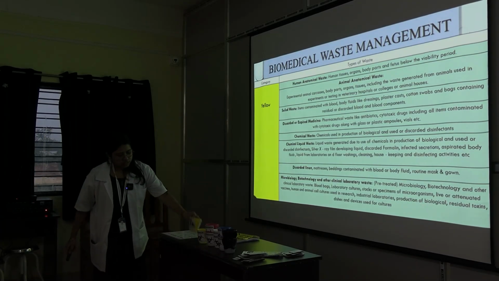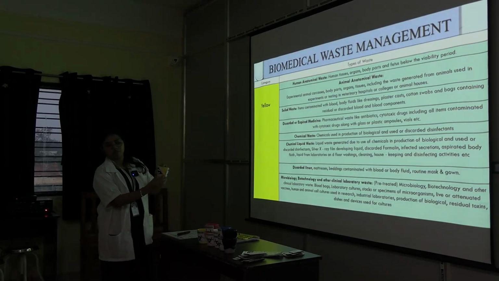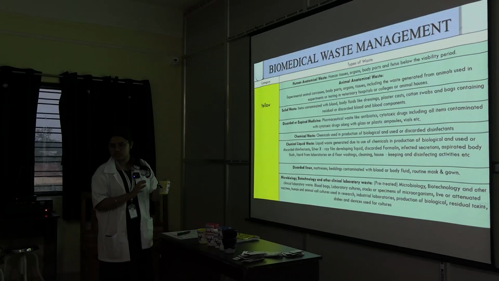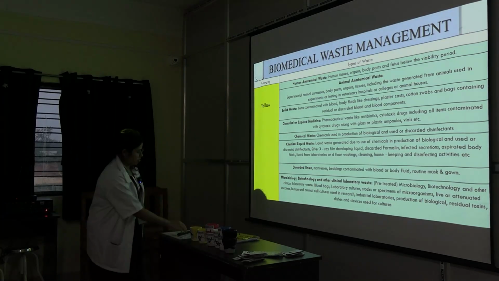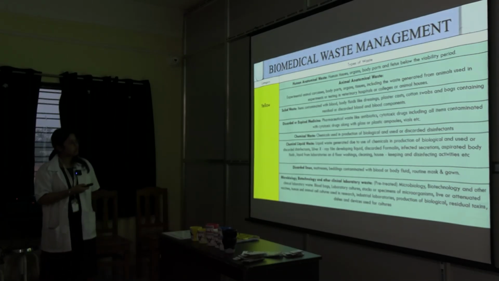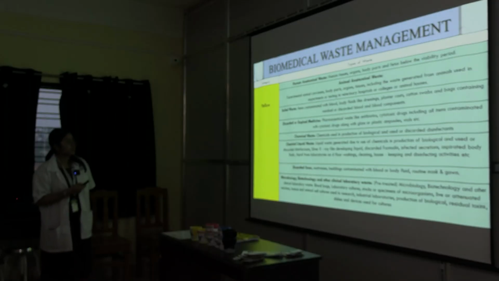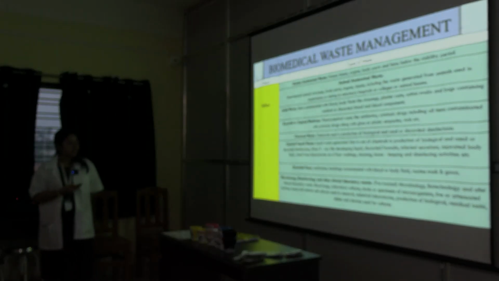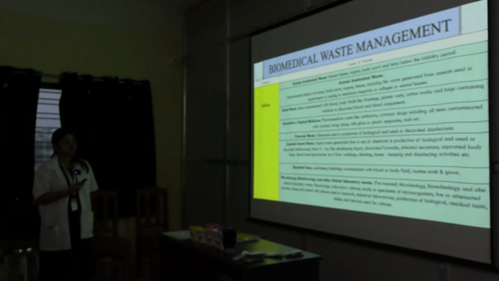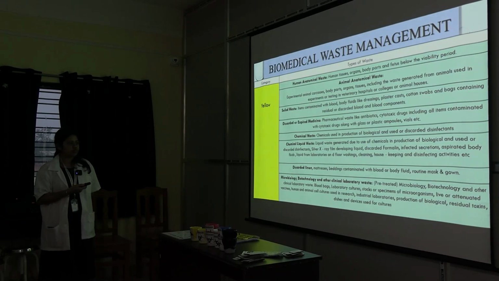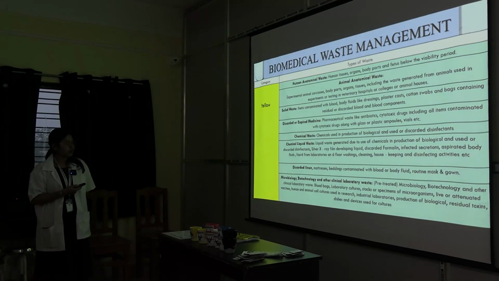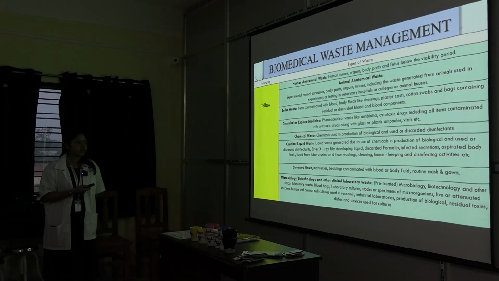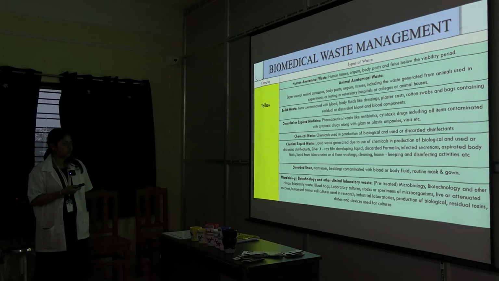You can see here the sign of cytotoxic, so cytotoxic agents will go in this bin. Other chemical wastes, chemical liquid waste, discarded linen like bed sheets, mattresses, gowns, and microbiological, biotechnology and other clinical laboratory wastes like blood bags, lab cultures, vaccines.